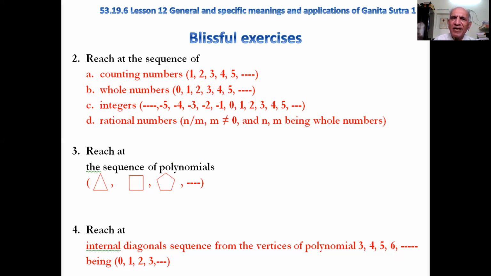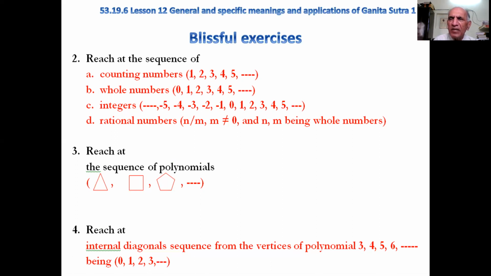A step ahead, one shall reach at integers. A step ahead, one shall reach at rational numbers. We can go ahead as well for complex numbers, for transcendental numbers, self-referral numbers, unity state numbers, natural state numbers, Brahman state numbers. But for the present, at this initial stage, we are halting ourselves only up till the rational numbers.